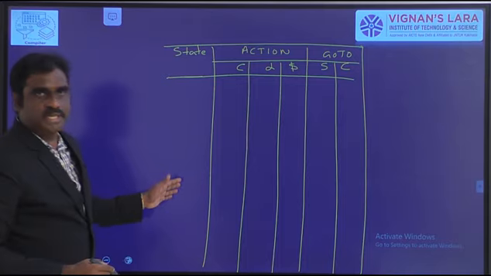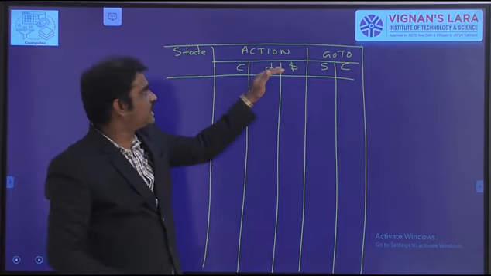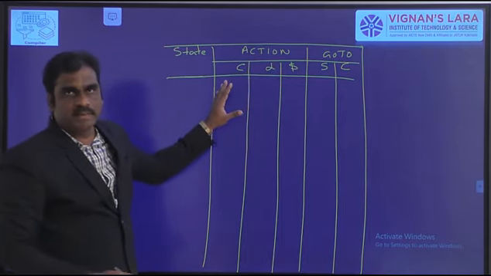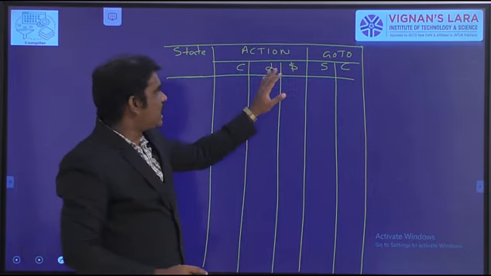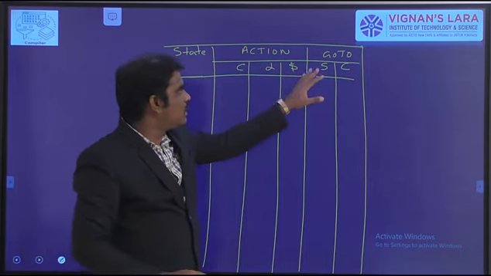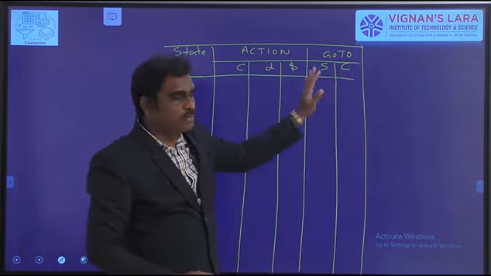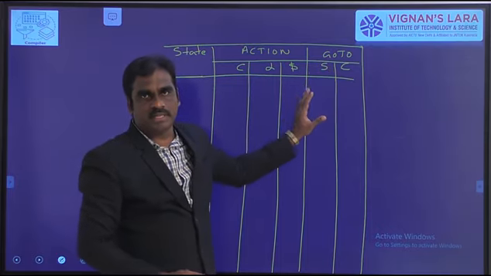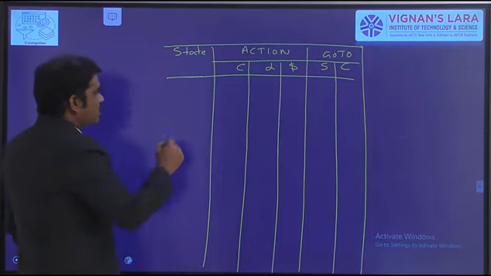The first part is state, the second part is action. The action part contains only terminal symbols in the given grammar, and you have to include the dollar. The go to function takes only non-terminals in the given grammar, that is S and C. So we have a total of 10 states.